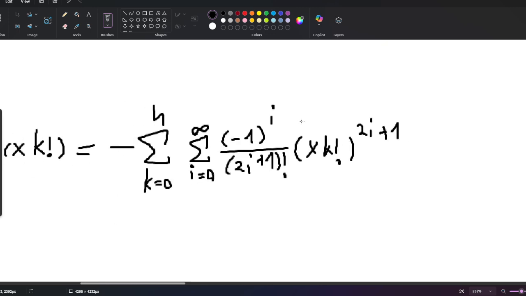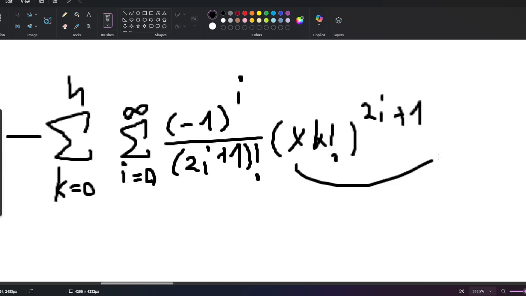So what we have here is this factorial that grows really fast.